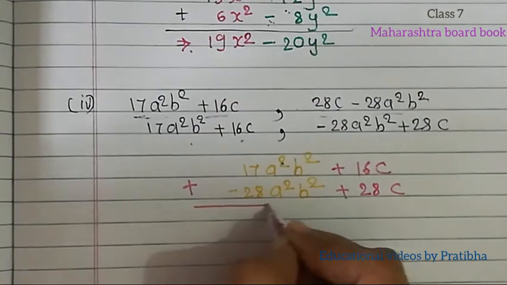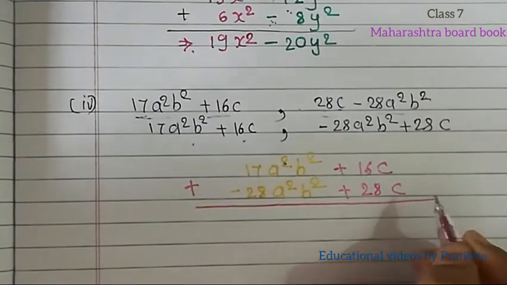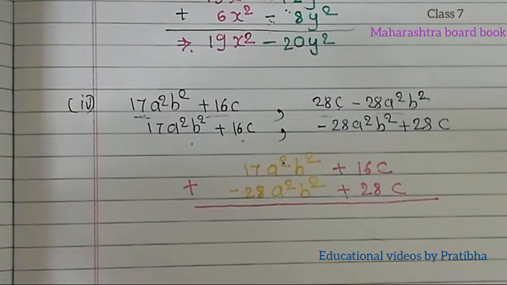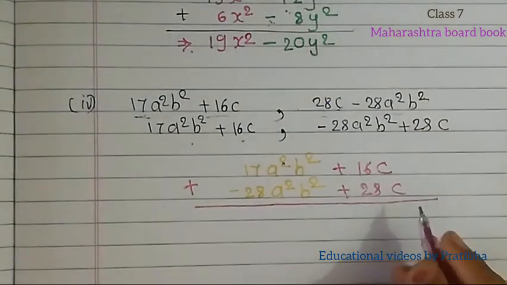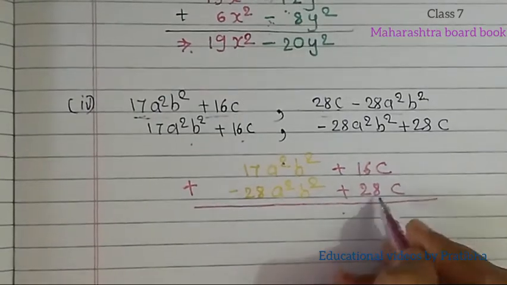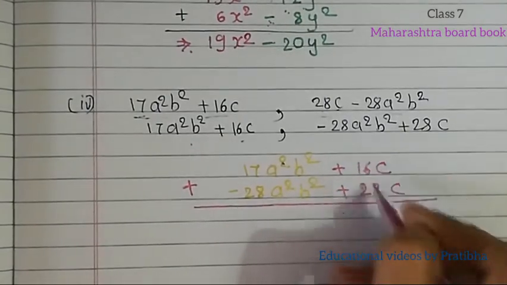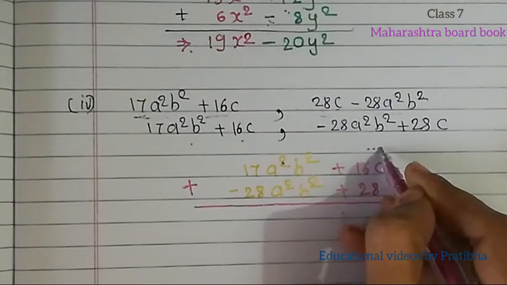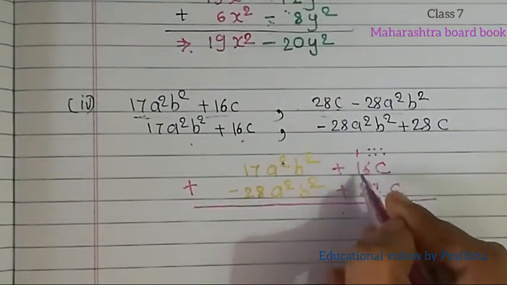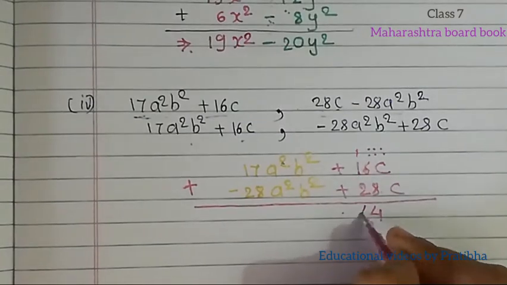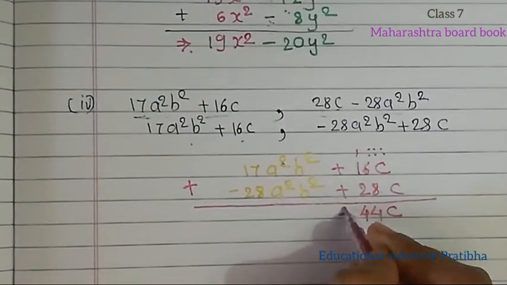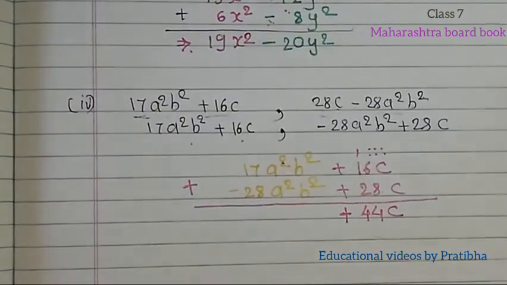When we are doing vertical arrangement, it is very much important that you write like terms together. Now let us add. I'm going to add these terms first. So 8 plus 6, 8, 9, 10, 11, 12, 13, 14. So 4, carry over 1, 2 plus 1, 3, 3 plus 1, 4, 44c. Both the numbers are positive, so I'm going to give plus sign in front of it.